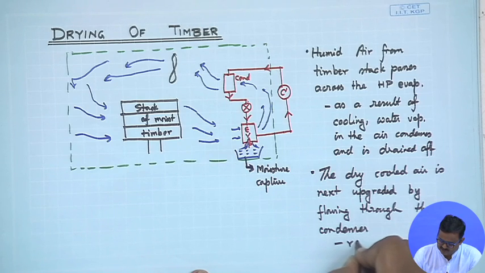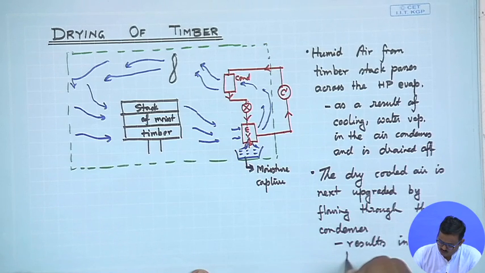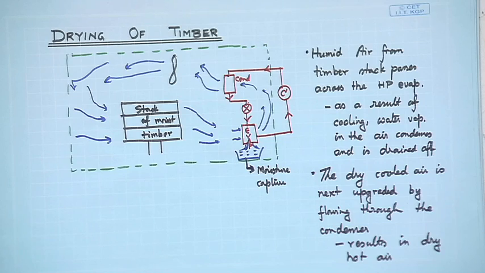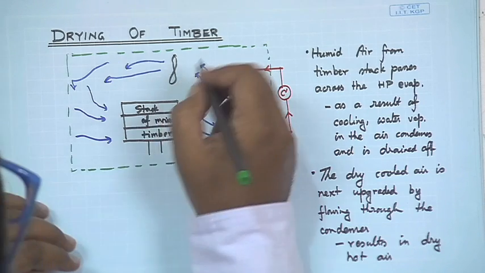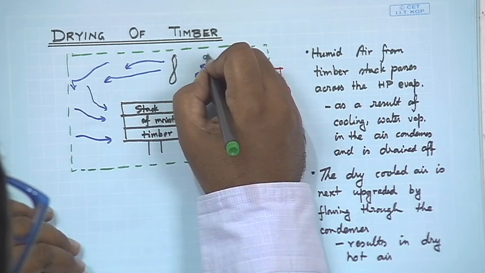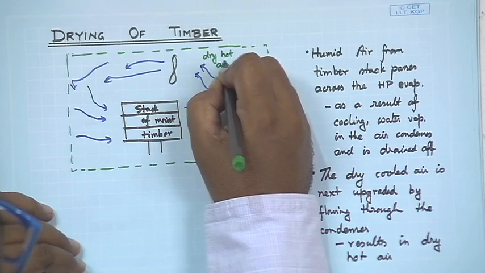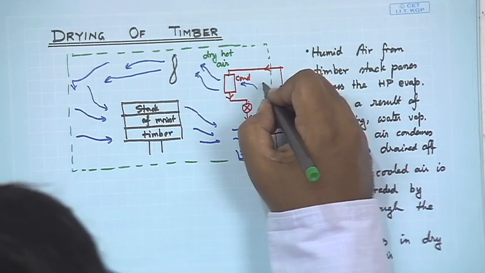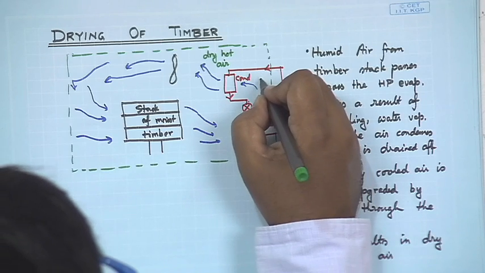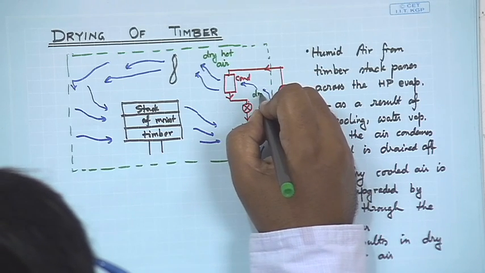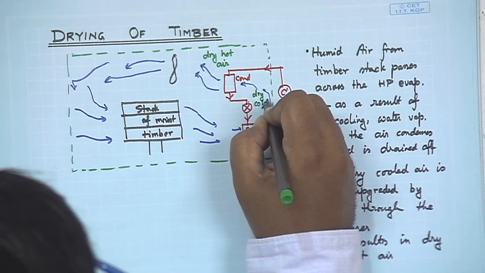This results in dry hot air. So let us quickly write this down. This one is dry hot air. What is this? This is also dry, but this is dry cold air.